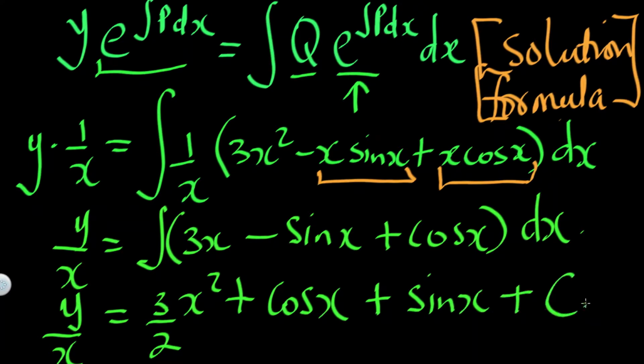plus c. I want to say what we have now is a general solution. If the question was asking about the general solution, we have it now. However, because we're given the values of x and y, it means we are required to find the value of c.